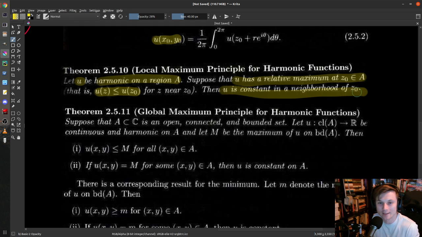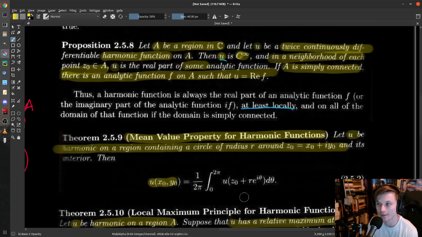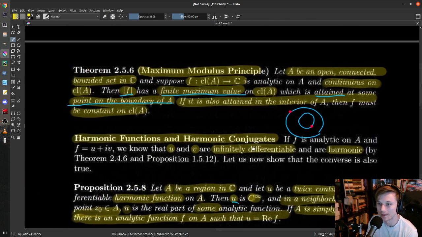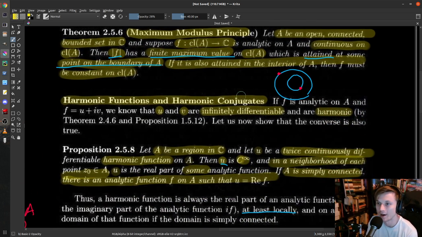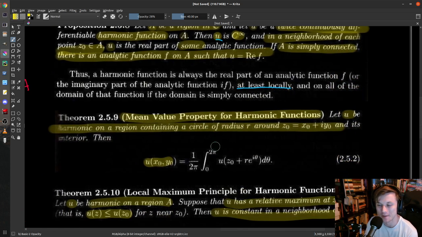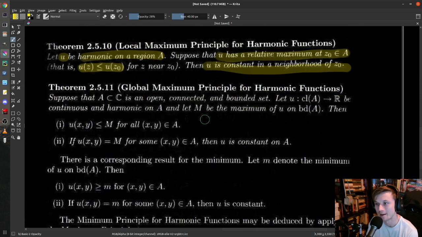This has to happen, right? If this was not the case, then it feels like we would be somehow contradicting everything we've learned with the maximum modulus principle and all of that. That is, the maximum modulus principle just delivers these results to us so easily it's free. But we, of course, get the global version as well.